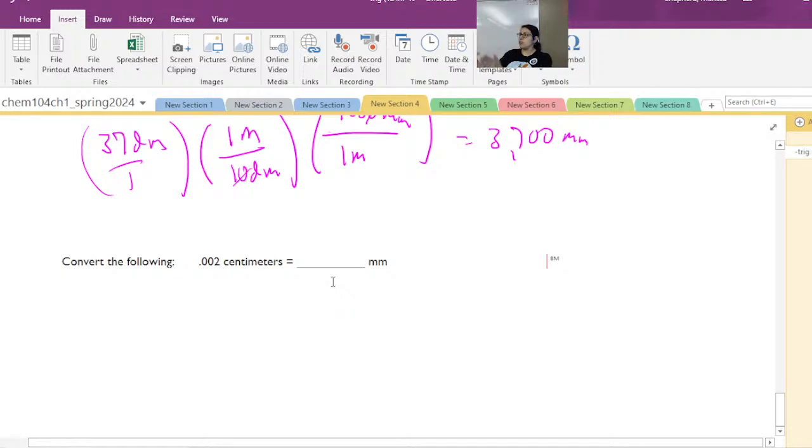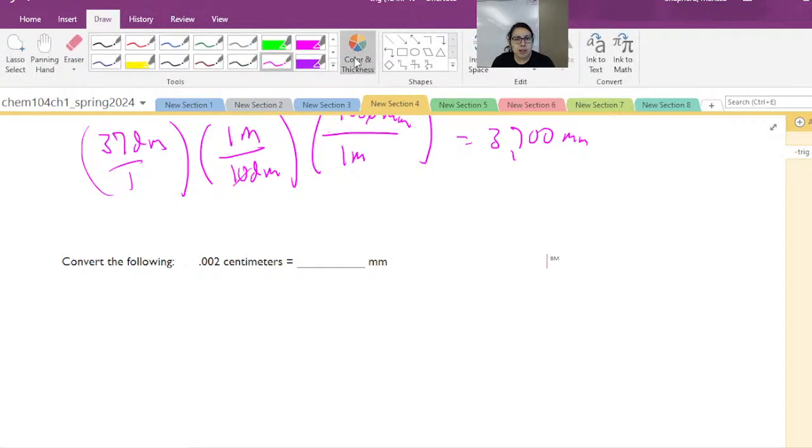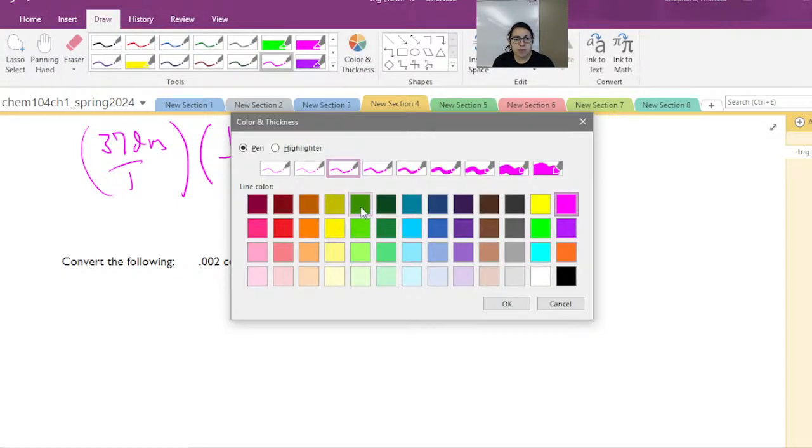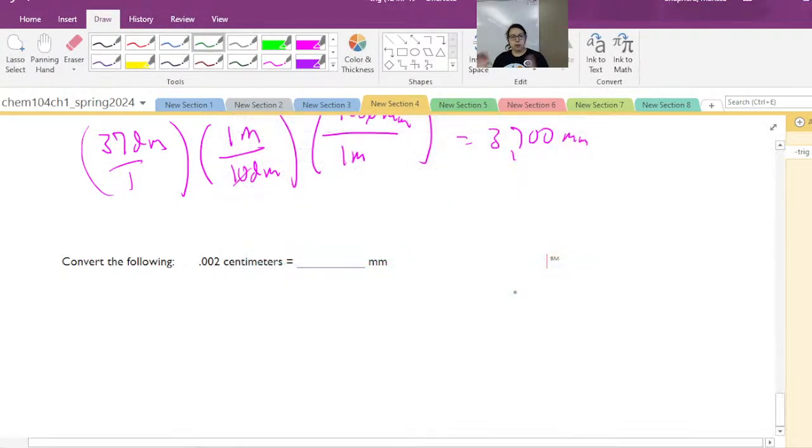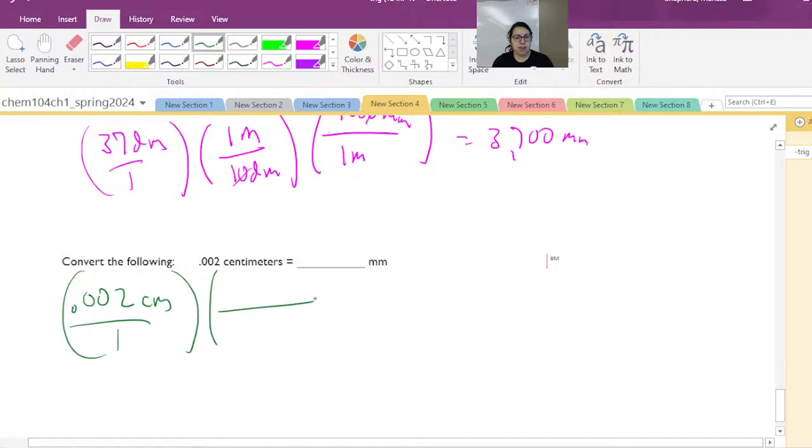Sometimes it's easier just to go back to the base unit, right? So even though it seems kind of hard, I think it's a little bit better in some ways, especially if you're having trouble making these new conversion factors. So let's do centimeters, and we know how to get to our base unit, meters.